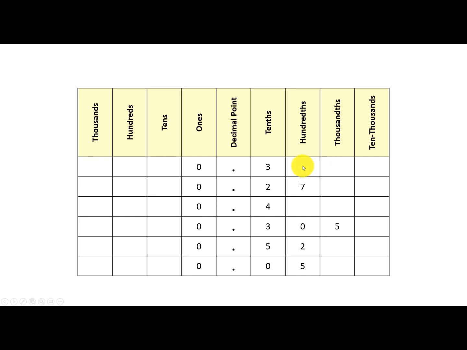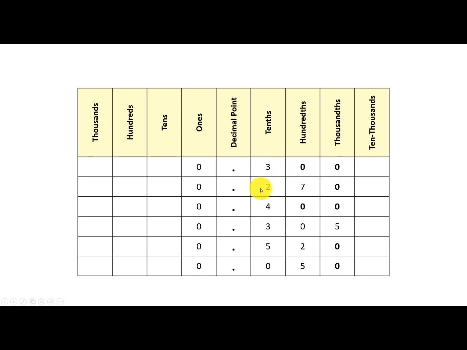And we can add zeros to the right anytime we need more decimal places. So 0.3 is the same thing as 0.300 or 300 thousandths. 0.27 becomes 0.270 or 270 thousandths.